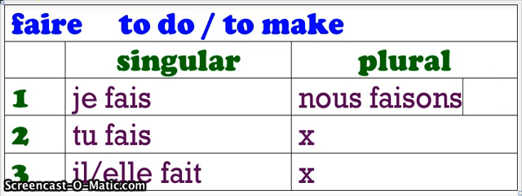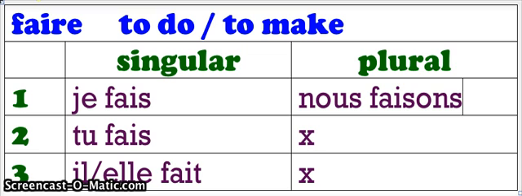There is only one verb in the whole French language that does not have an O-N-S ending in the nous form for the present tense, and that verb is être, where we have nous sommes. All right? But here we have ONS, nous faisons. Notice we don't say nous faisons with a z sound. It's nous faisons. So get that f in there. Faisons. And that means we make or we do. Nous faisons. Je fais, tu fais, il fait, elle fait.